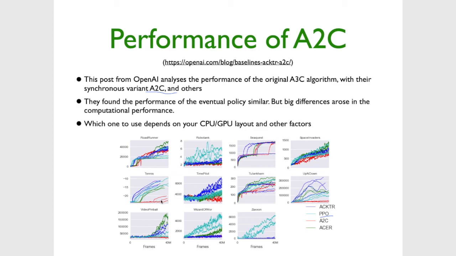You can see A2C actually doesn't do very well in certain ones compared to other algorithms. And this tennis is probably fairly similar to our slime ball assignment 2 thing. So maybe people will find that running PPO or some other algorithm could do significantly better than A2C. We'll have to see.